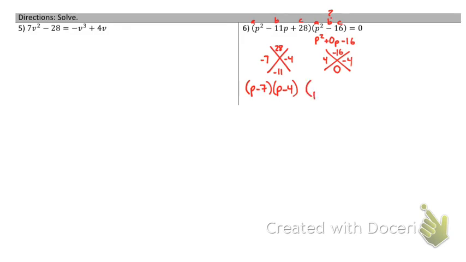So it's going to be p plus 4, p minus 4, all equal to 0. So if you notice, these are all factored. We're done. We just now have to solve each one of them. So I set each one equal to 0.